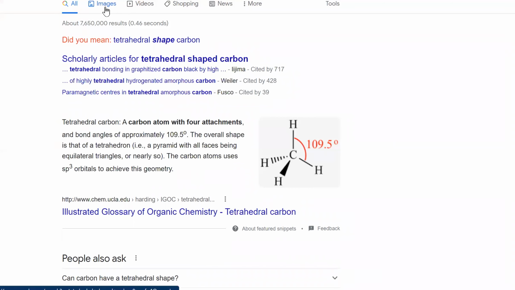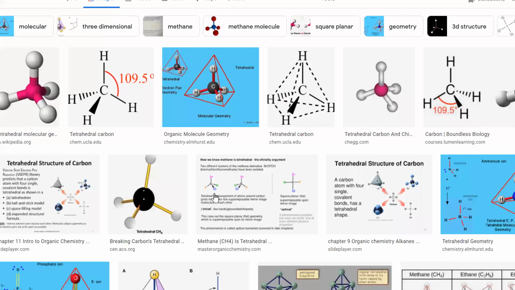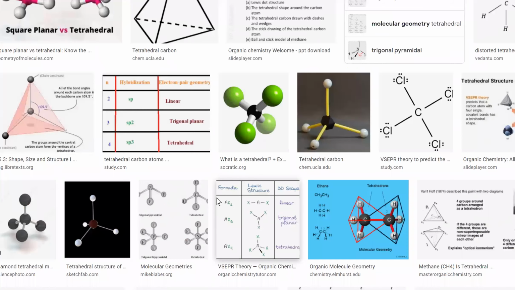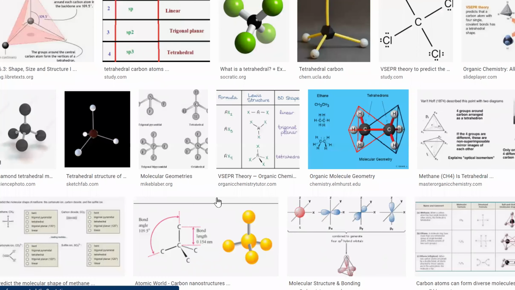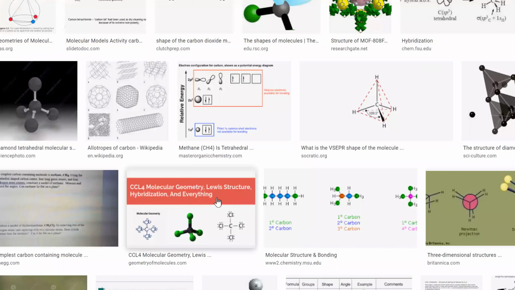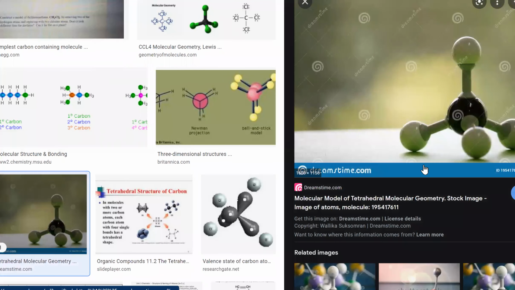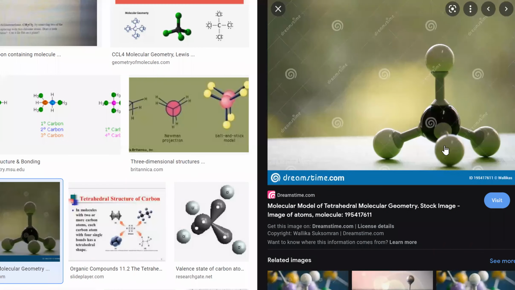So look at the tetrahedral shape. If you put it on a table, there's one bond that's coming out of it to the top.